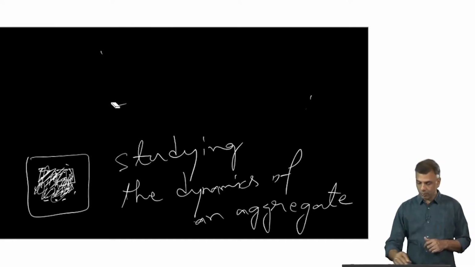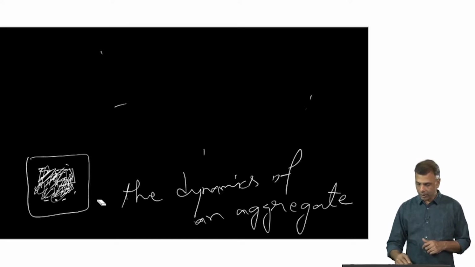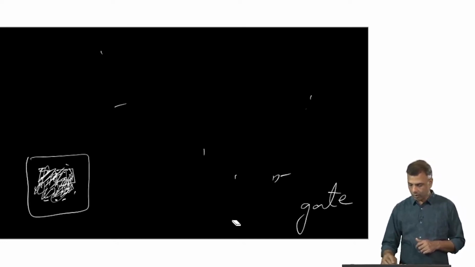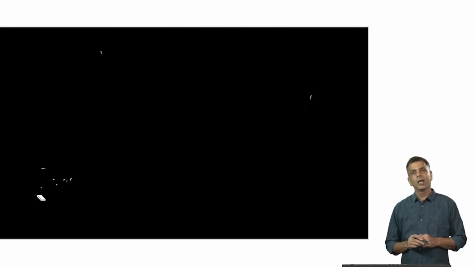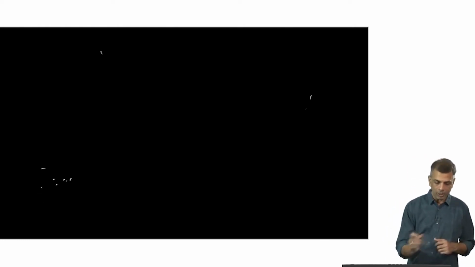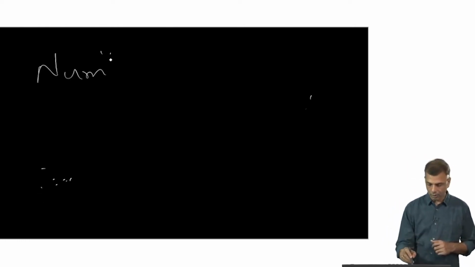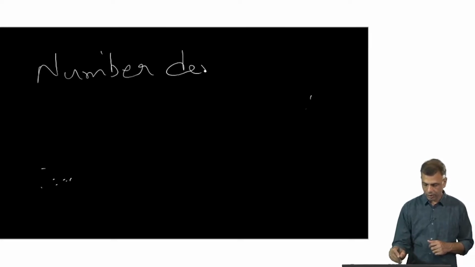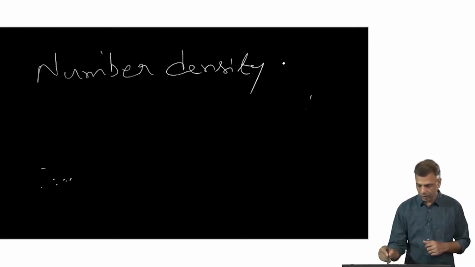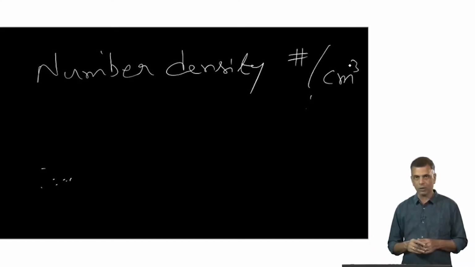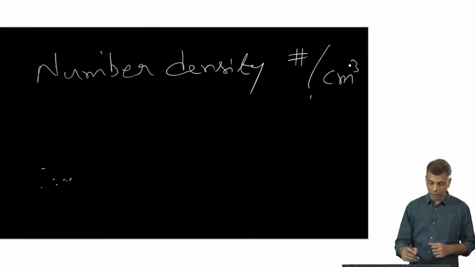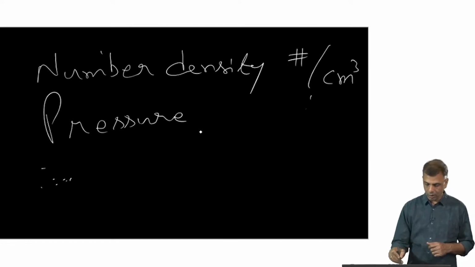So before doing that, I want to say a little bit about how, like we said, we are not following the dynamics of each individual particle, right? We are following the dynamics of the continuum. But things like number density, which would be a number per, say, centimeter cubed or meter cubed, depending upon what your favorite convention is, or things like pressure, temperature.